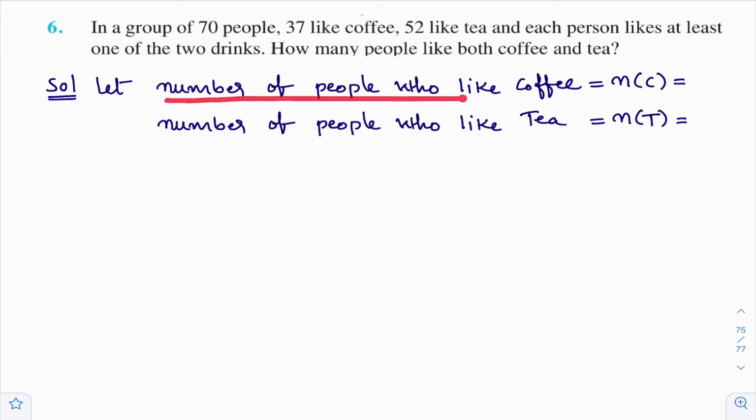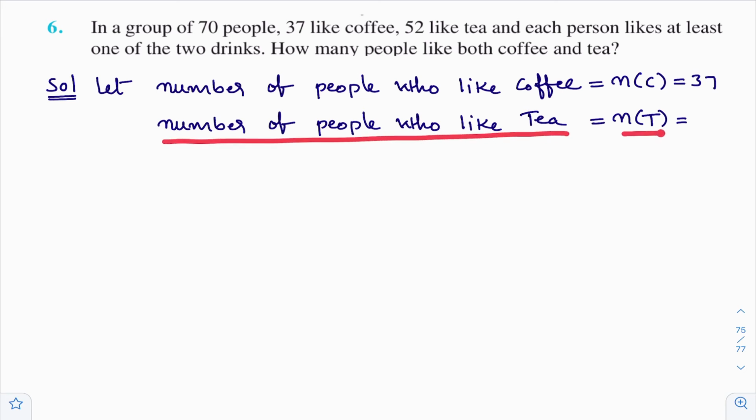Number of people who like coffee, I have taken it as n of C. In this problem, n of C indicates the number of people who like coffee. In the question, they have given that 37 like coffee, that means n of C is 37. Now, number of people who like tea, I have taken it as n of T. See here, 52 like tea, so I'll write 52.